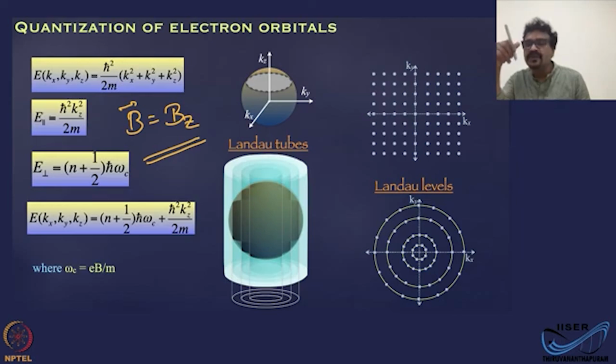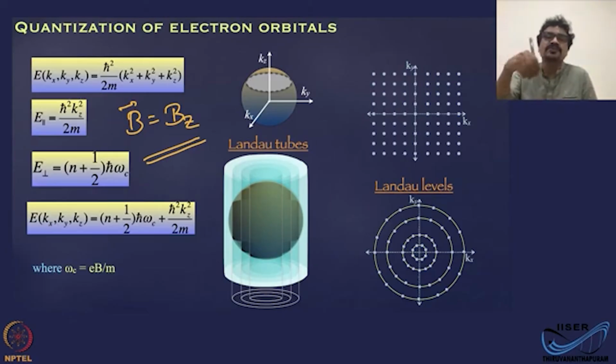The moment you apply a magnetic field, parallel to the direction of the field, nothing happens, because the magnetic field cannot affect anything in that direction. But in the plane where the electron motion is perpendicular to the field direction, it will undergo a cyclotron motion.